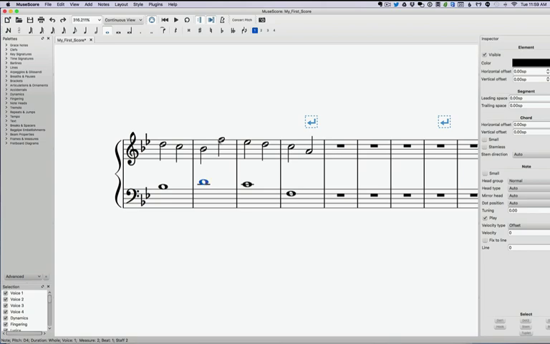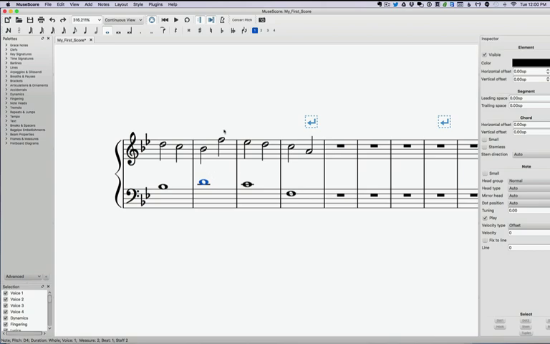So in this measure, for example, we have to say this D to B relationship, we have to think of that as a sixth, because it is. And then we have to think of this F not as a lone wolf. It has a note that it's being set against, and it's this D still, because the D is still sounding. So we have to take into account that as a third also.